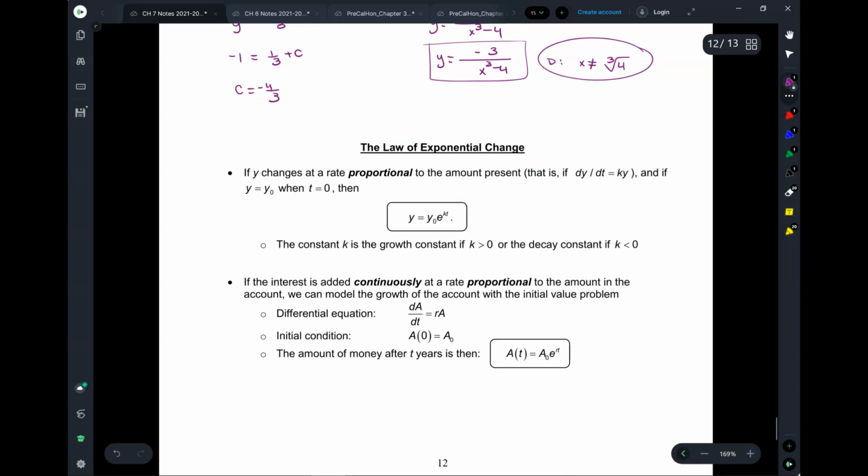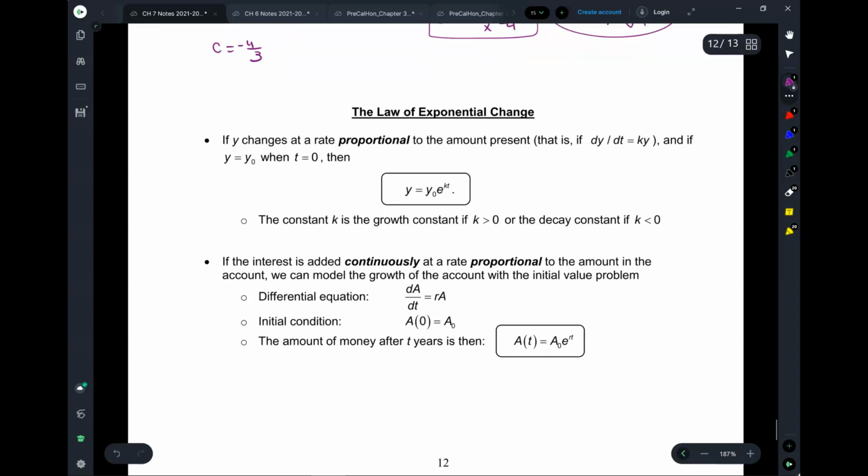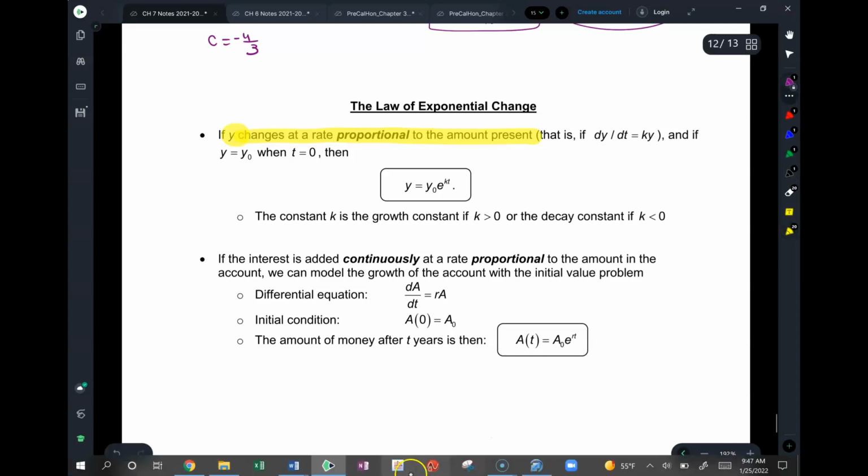All right, so let's talk about exponential growth and decay. If you have a situation where y changes at a rate proportional to the amount present, that means, okay, let's talk about proportions for a minute.